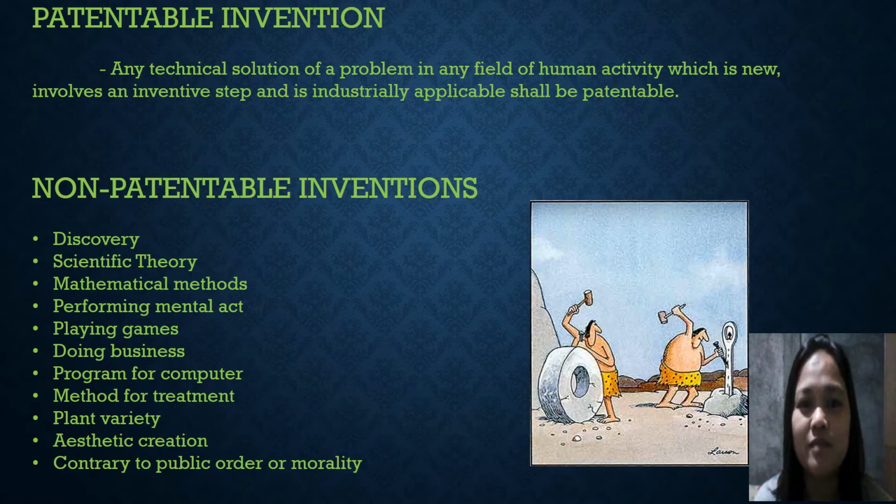A method for treatment can be of the human or animal body by surgery or therapy, and diagnostic methods. Also non-patentable are plant varieties or animal breeds or essentially biological processes for the production of plants and animals, aesthetic creations, and the last is anything contrary to public order or morality.